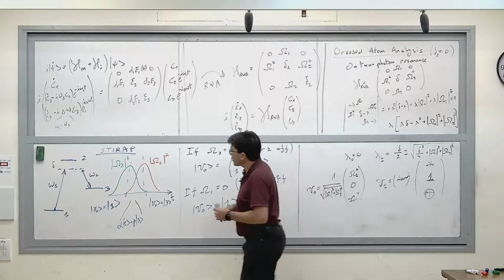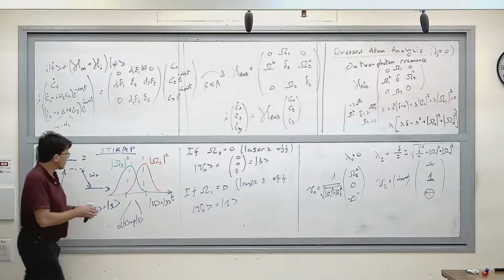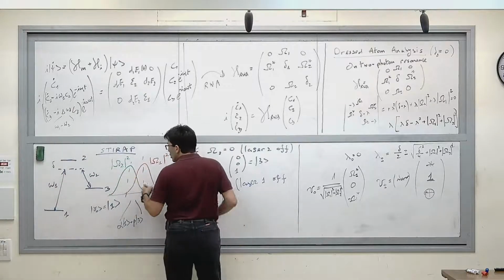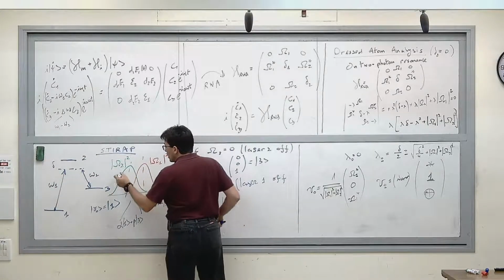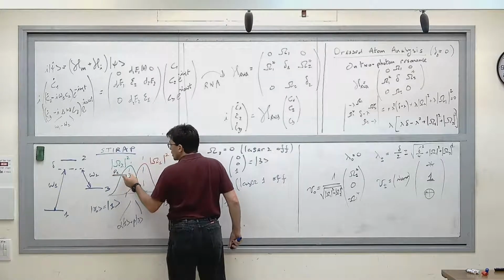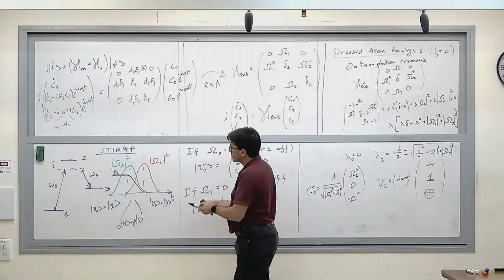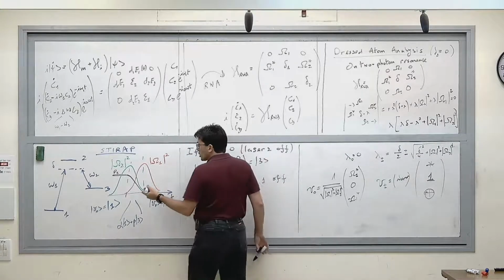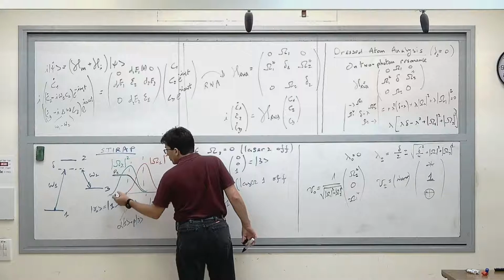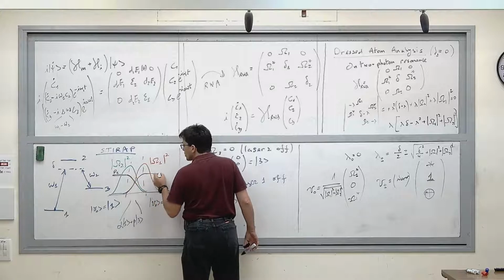So if I ask myself what happens to the populations, the population of state 1 starts high. This is P1, the population of state 1. It starts high and decays. And the population of state 3 starts low and increases.